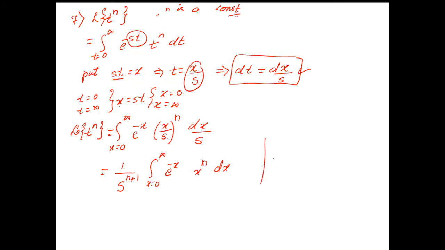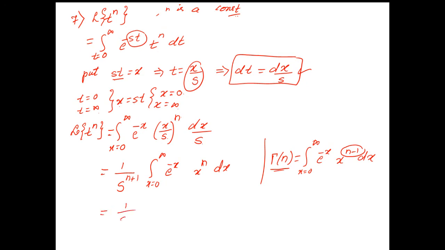And we know that gamma of n is equal to integration x is equal to 0 to infinity e power minus x, x to the power n minus 1 dx. In the place of n minus 1, we have n. So this function is gamma of n plus 1.